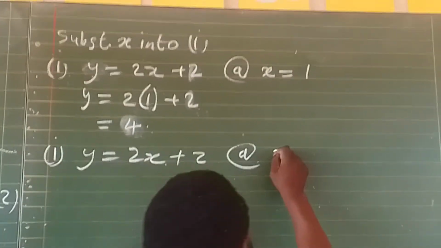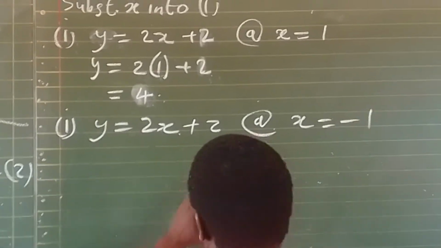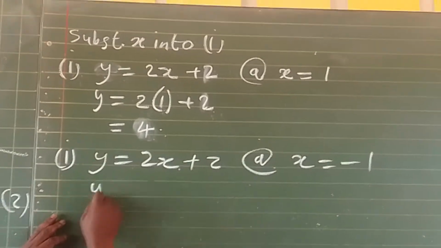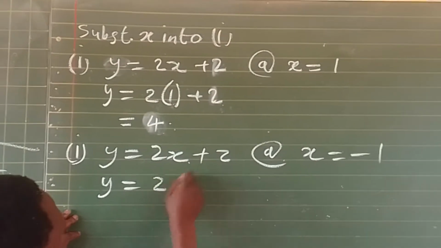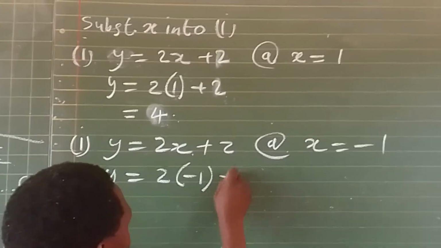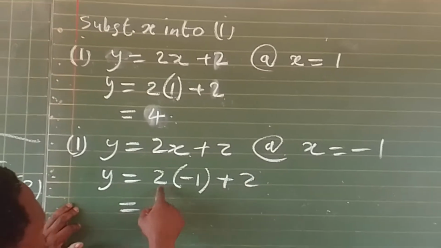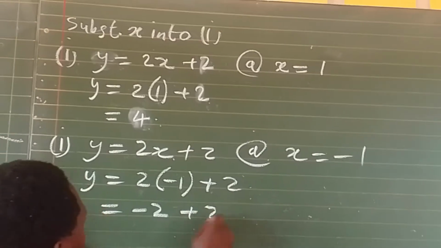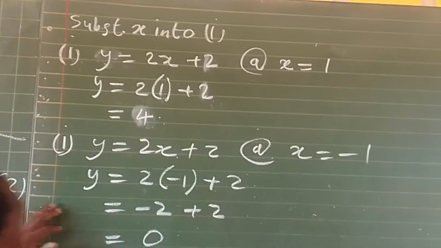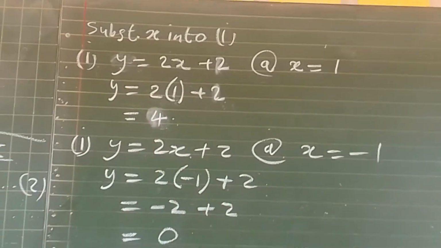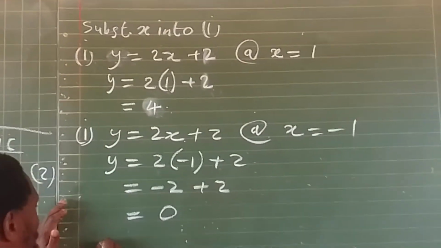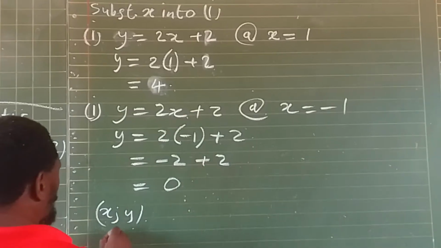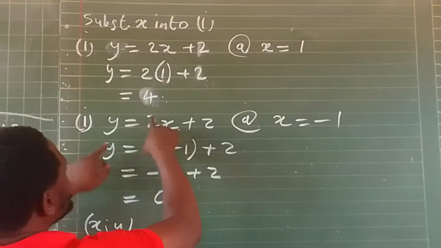Then at x is equal to minus 1, because you got two values of x, you say your y is equal to 2 into minus 1 plus 2, which is minus 2 plus 2, which is 0. Then we've got two solutions. The first one is where you have your x as 1 and your y as 4.